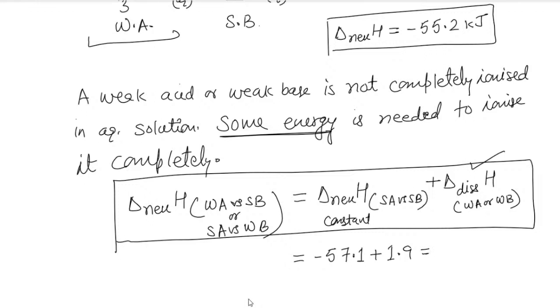That's why the value comes out to be minus 55.2 kilojoule. Because this dissociation enthalpy is always positive, this is always negative, right?